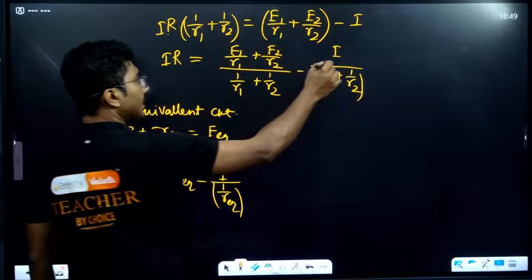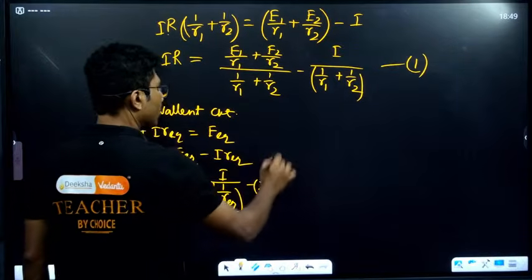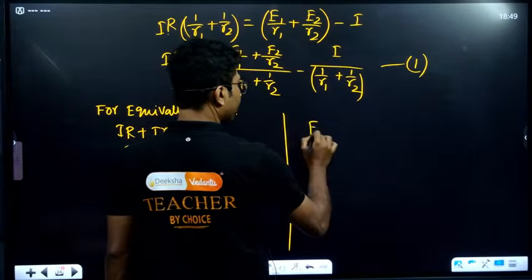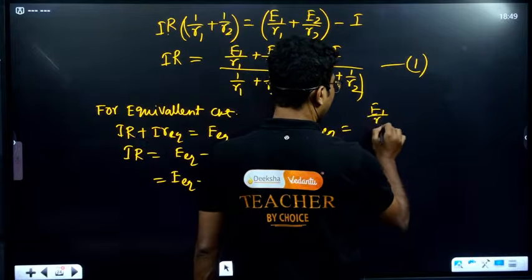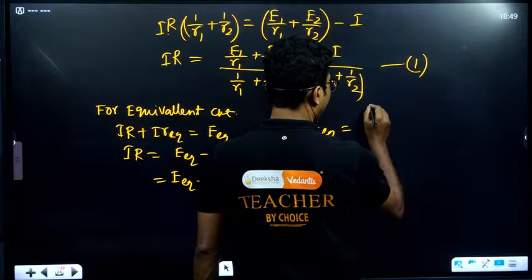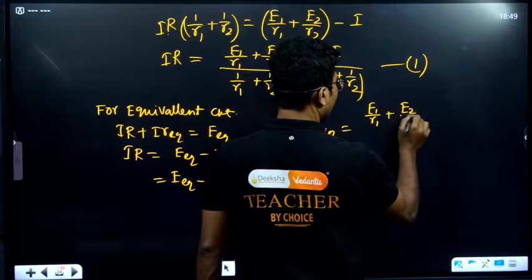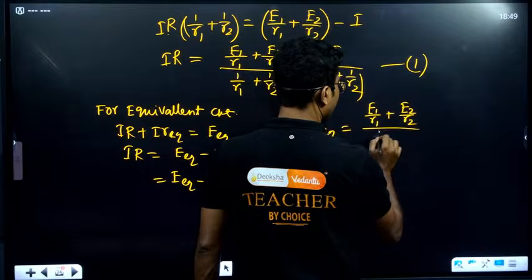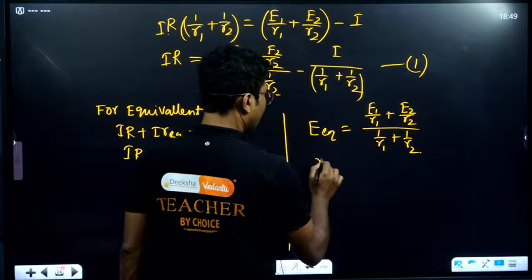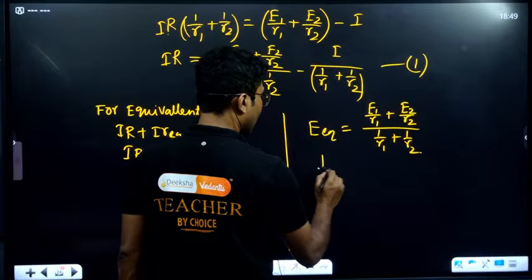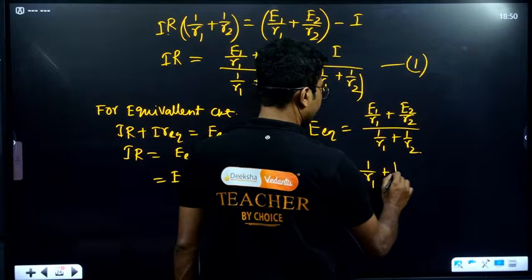So comparing equations 1 and 2, now we can write epsilon equivalent is given by E1 upon R1 plus E2 upon R2 divided by 1 by R1 plus 1 by R2, and 1 upon R equivalent equals 1 by R1 plus 1 by R2.